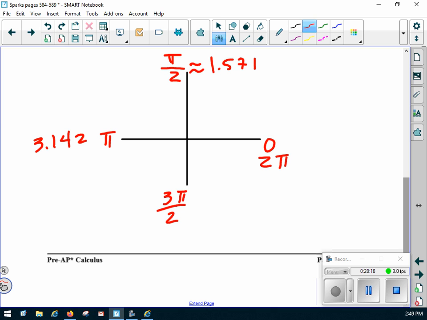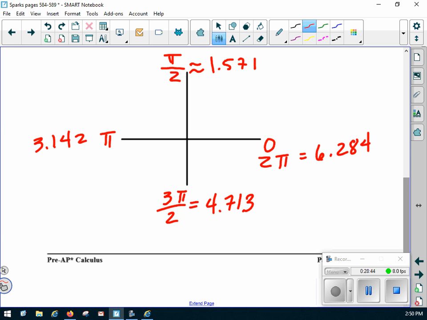What's 3 pi divided by 2? 4 point what? And then 2 pi. Close enough for our purposes.